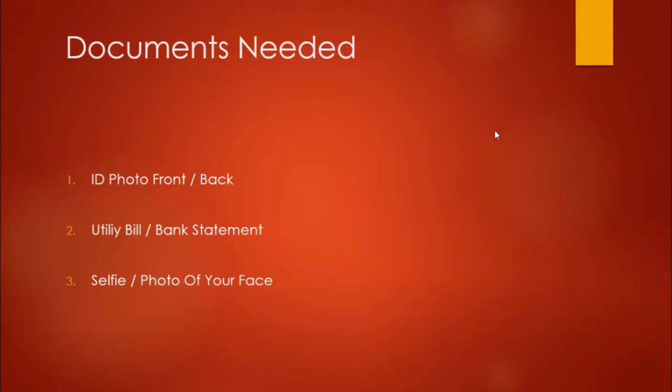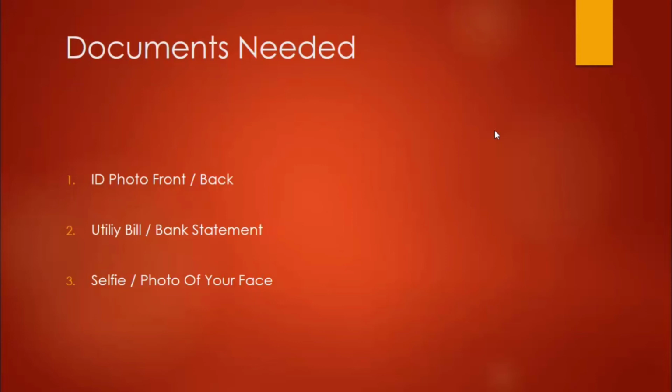Okay, and in order for them to be able to verify your account and give you permission to do different types of transactions, they will also require a couple of things from you in order to get you verified. One of the first things that they will require is a copy or a photo of your national identity card, a front photo and a back photo.